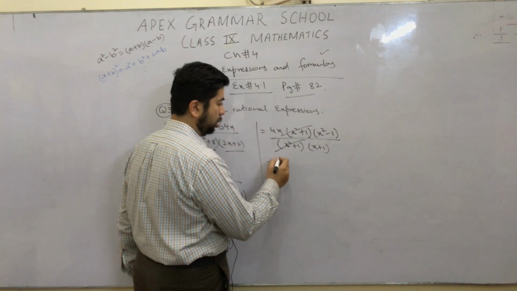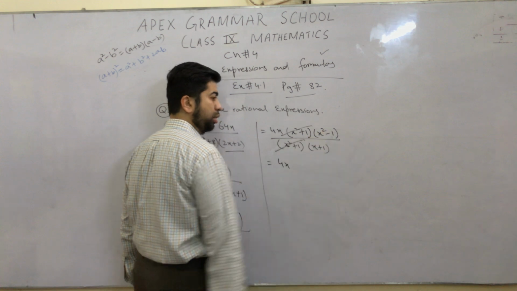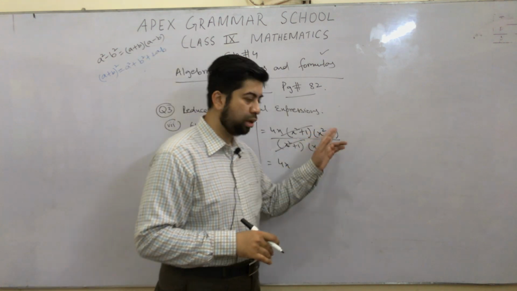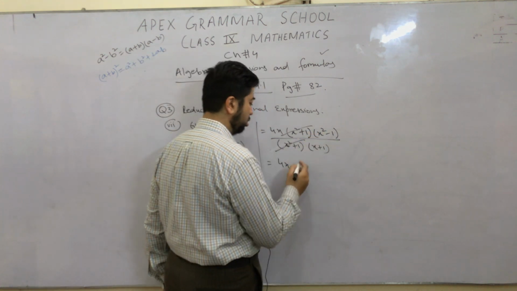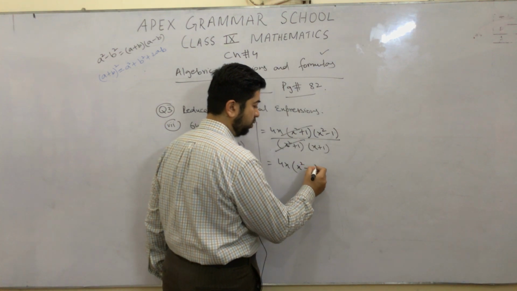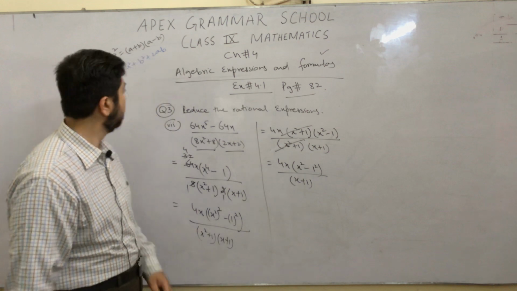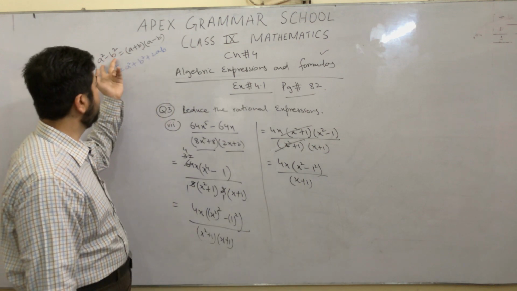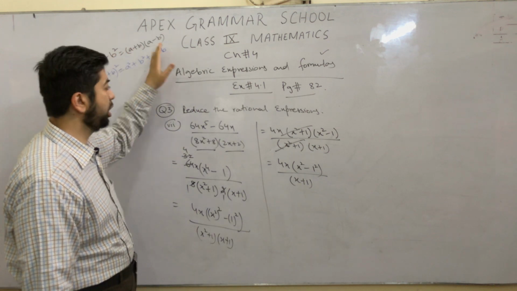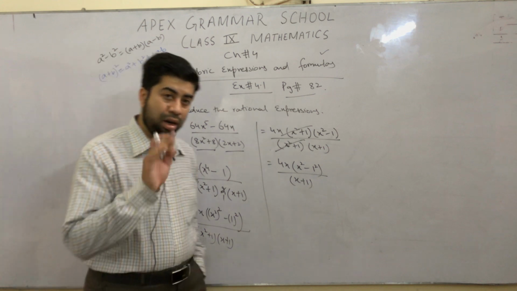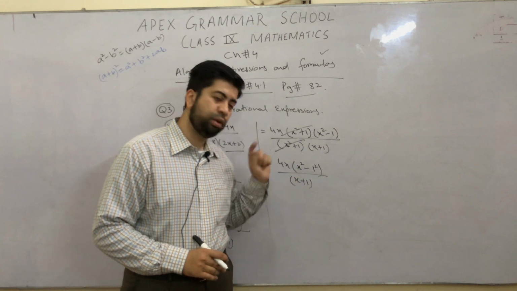So 4x, and in the numerator you can see another formula, that is x square minus 1. You can also write it in the form of x square minus 1 square, that is a square minus b square form, that is a plus b into a minus b. Now you can see that it is only x square.